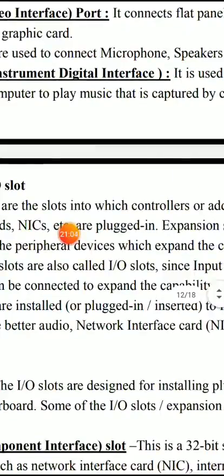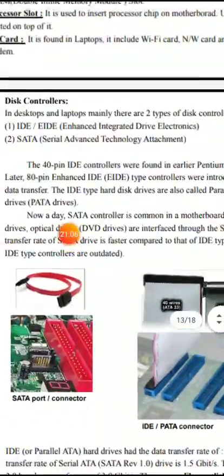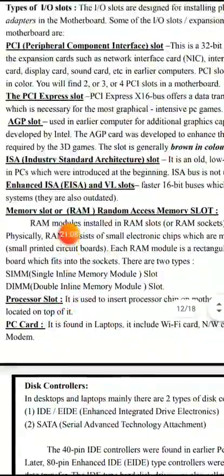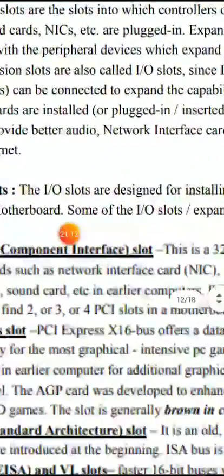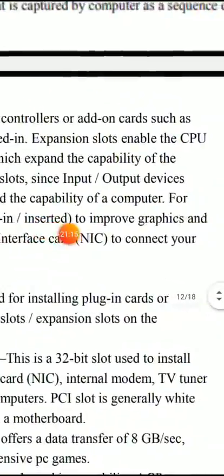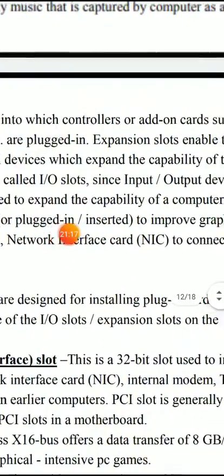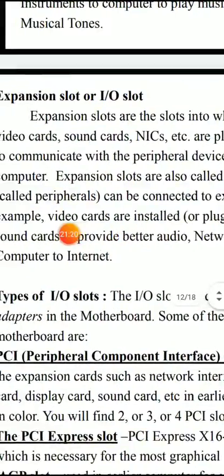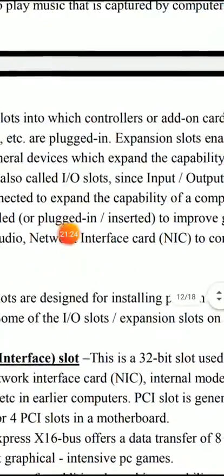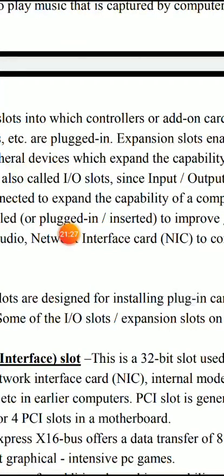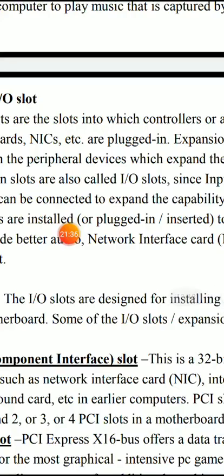Usually they are plugged into an expansion slot. Expansion slots enable the CPU to communicate with peripheral devices, and are also used to expand the capability of a computer system, so that different devices can be connected or interfaced with the computer system.